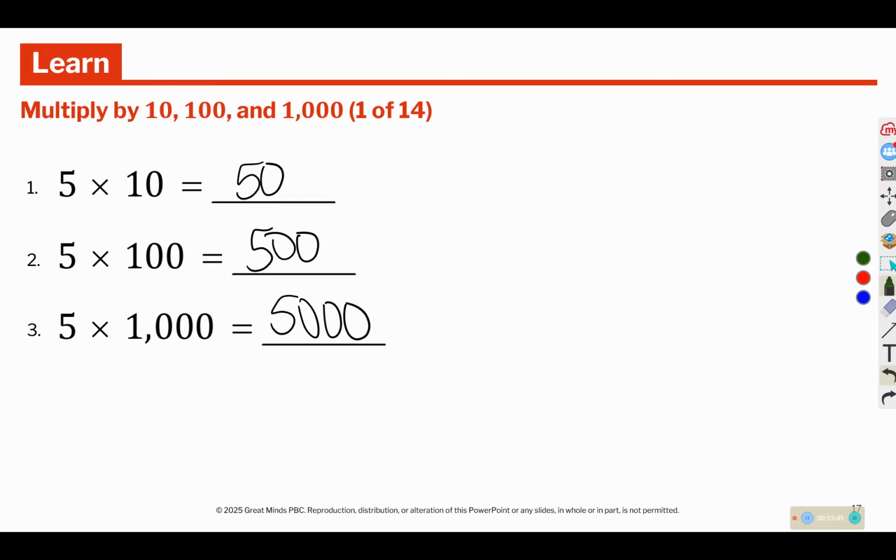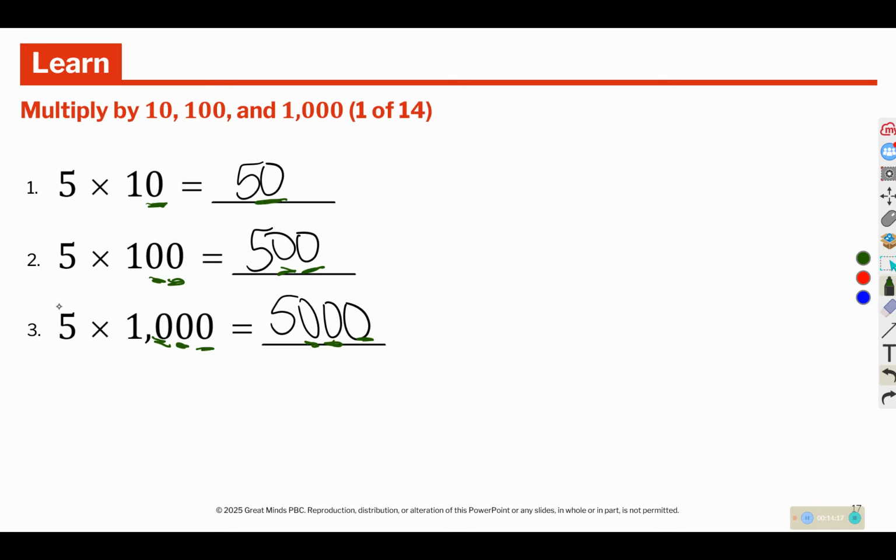You may recognize that when you multiply by a 10, there is one extra zero at the end of the product. 100 had 2 place values at the end, and 1,000 has 3.